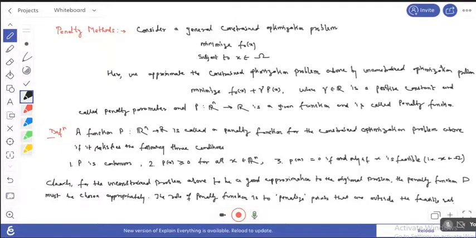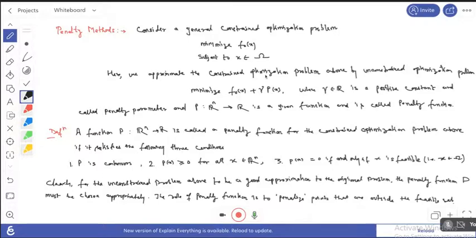That means the first order derivative should exist for this function. Here f naught is no doubt fine, because it is an element of C2. So this p should be a differentiable function.